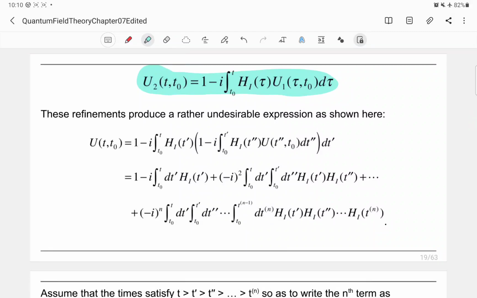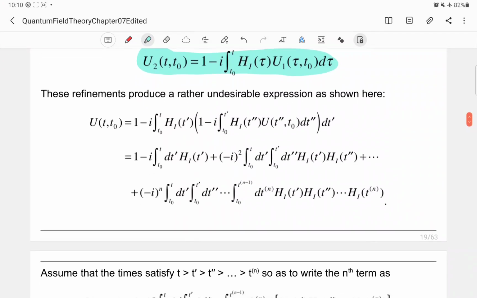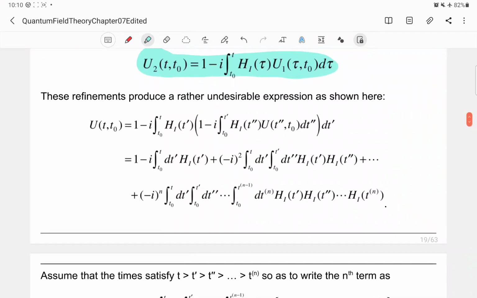So you will have a complex expression which is very long. So you have your U(t, t0) here, and this is the first term, but the U in the first term would have to look like this, and then again you have the U2, and so on.